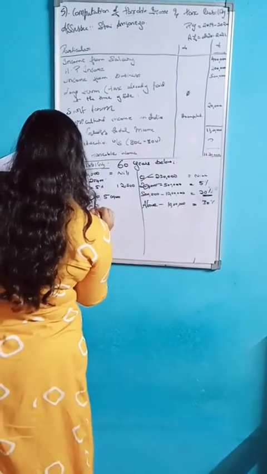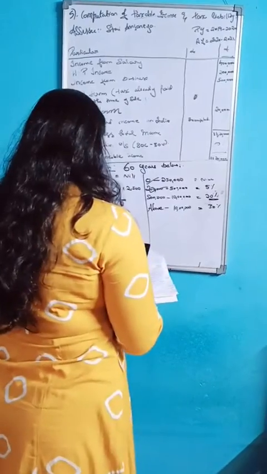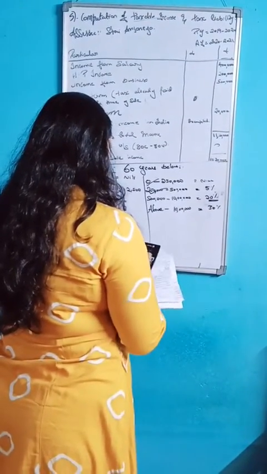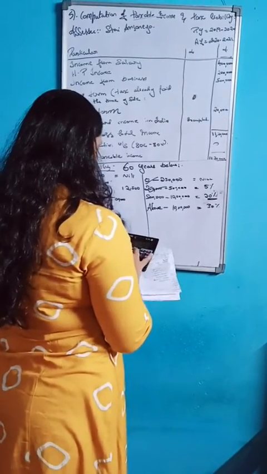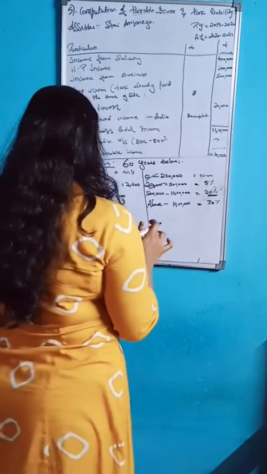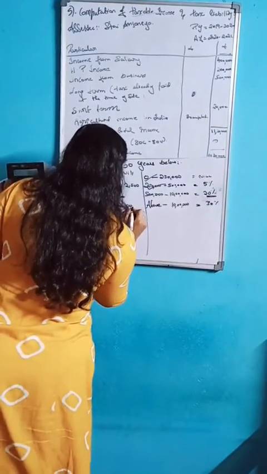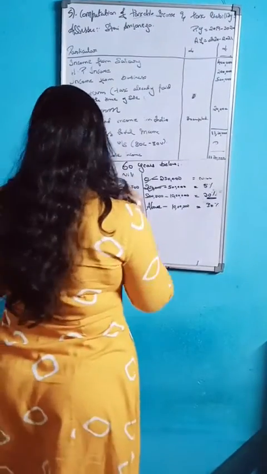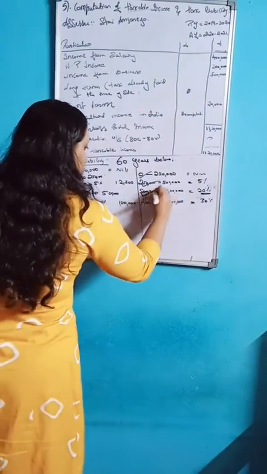So just put 20% and calculate how much you will get. So 5 lakh into 20%, you will get 1 lakh. Okay. Next, so this was over.